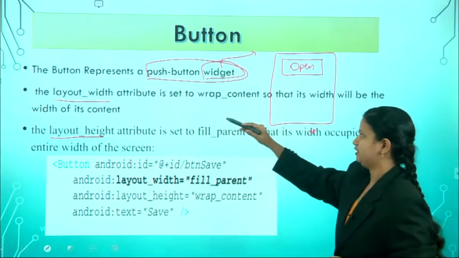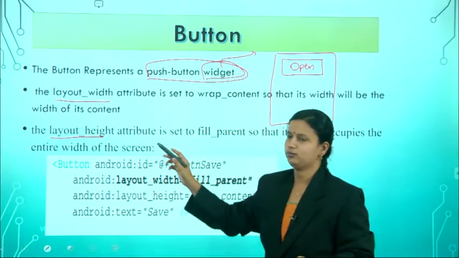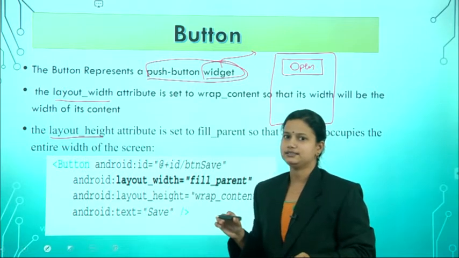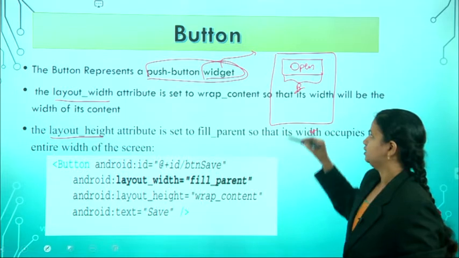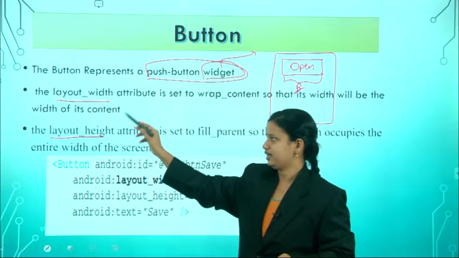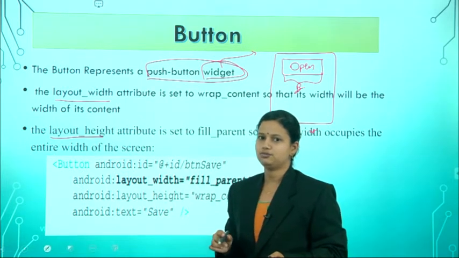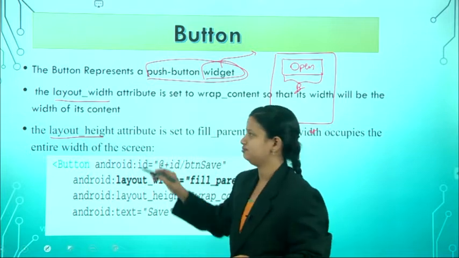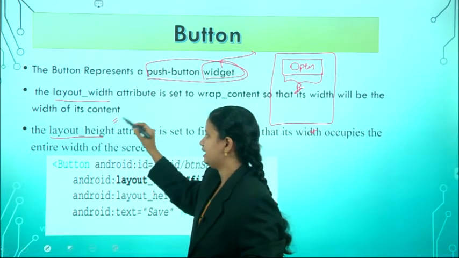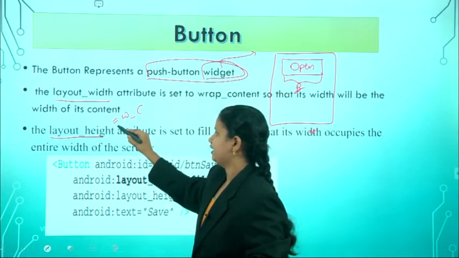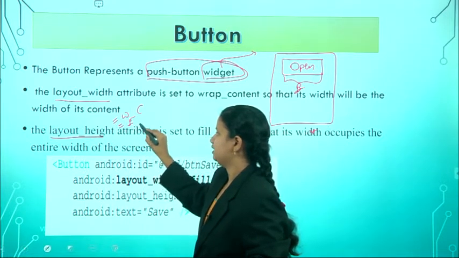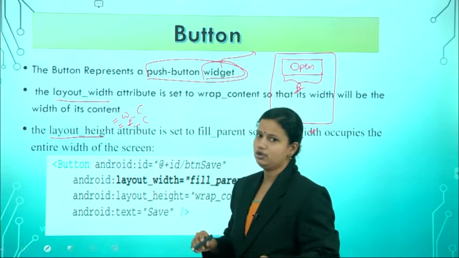The width and height are both considered the size applied to this button. The values we specify for width and height are either wrap content or fill parent. Any one of these values we have to mention.